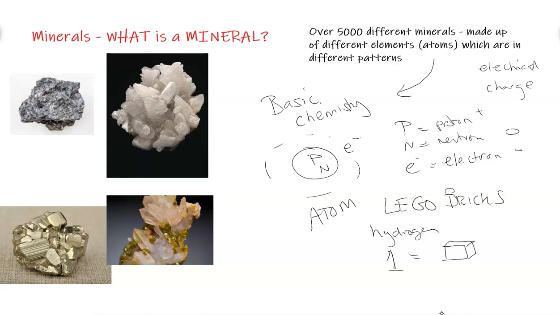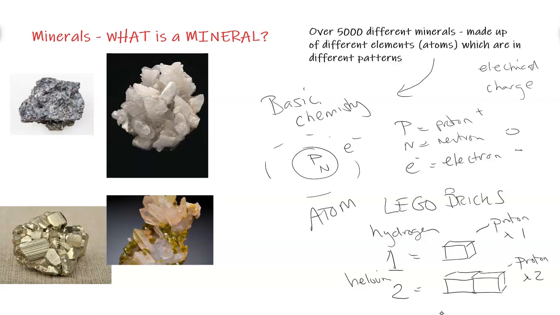If you want to have 2, which is helium, now this is the atomic mass, so this is 1 proton times 1, 1 Lego brick. You want helium, you just add a second brick onto the first brick. So you got 2 bricks, so the 2 protons, times 2.